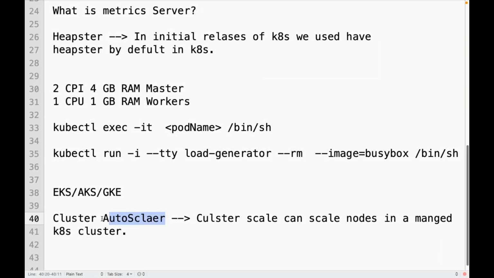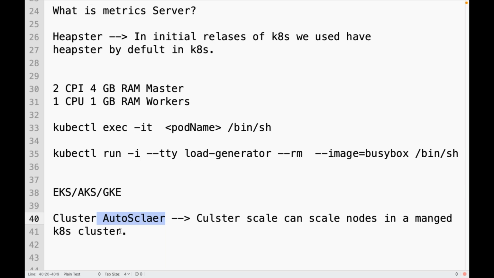This cluster autoscaler will act as a bridge between your Kubernetes and the cloud provider. It will talk to the cloud, to AWS, and it will increase and decrease the nodes, the servers.